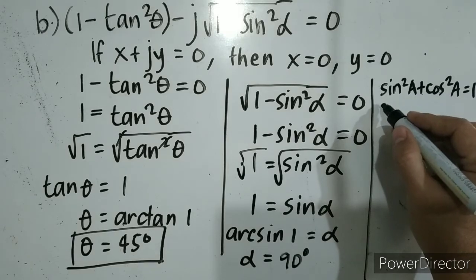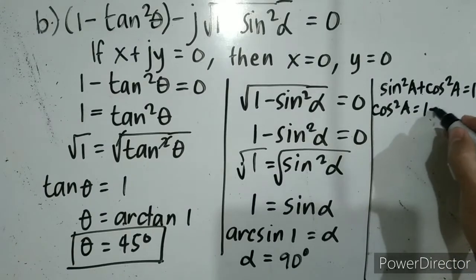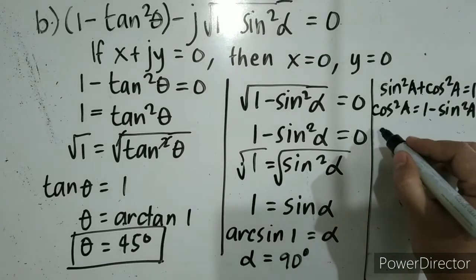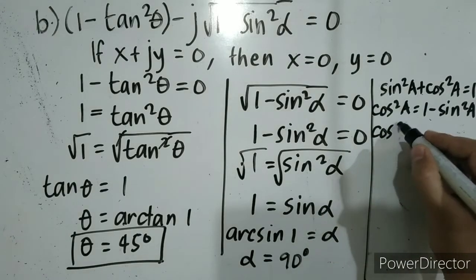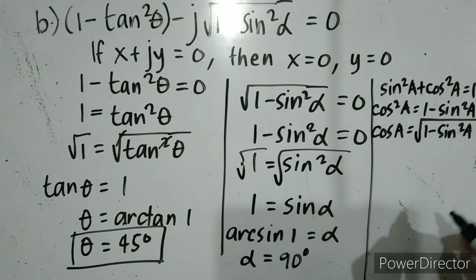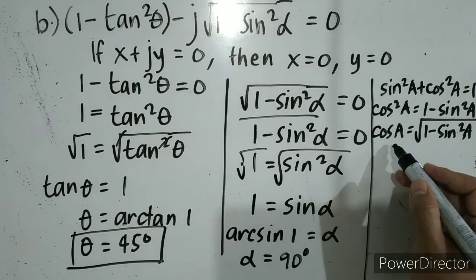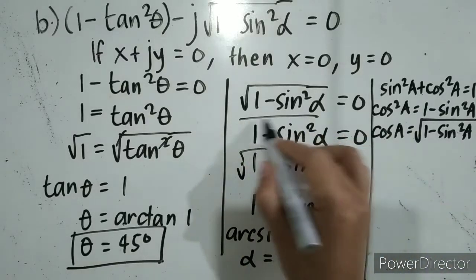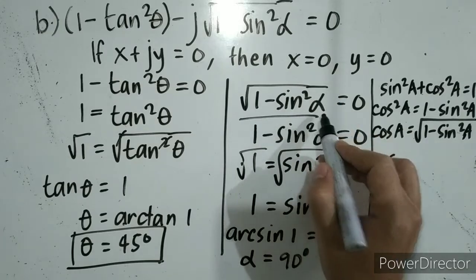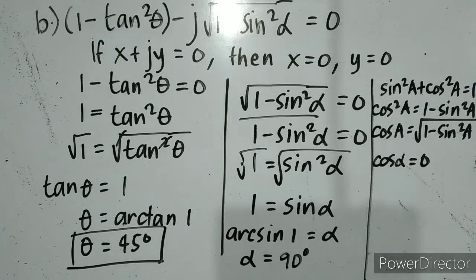Transposing sine squared A to the other side, we have cosine squared A equals 1 minus sine squared A. Taking the square root of both sides, cosine A equals square root of 1 minus sine squared A, which means that this expression is simply equal to cosine of A. So we can substitute: cosine of the square root of 1 minus sine squared alpha is simply equal to cosine of alpha, and that is equal to 0.